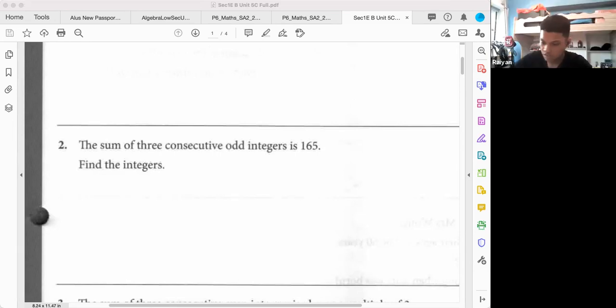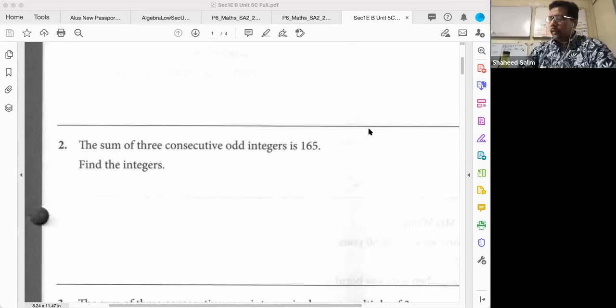Teacher, I just remembered there are two questions of math homework. Okay. You can take a photo of it.